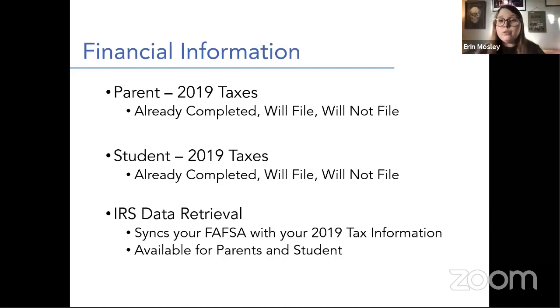Students, if you did file, you are also going to need your 2019 taxes. Hopefully, if you had a job, you did your taxes because more than likely y'all didn't make enough to have to pay anything and you're probably going to get some money back. So 2019 taxes, the 1040 for both parent and student if they filed.